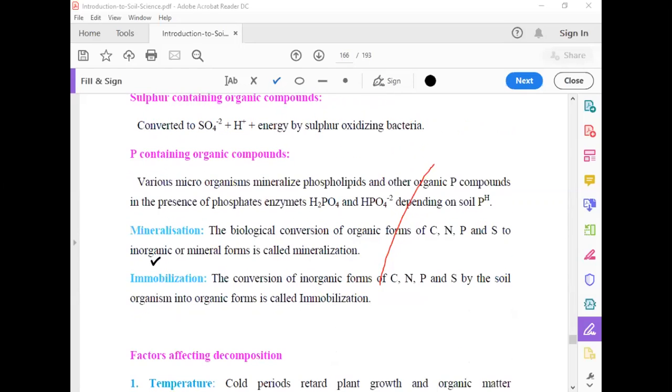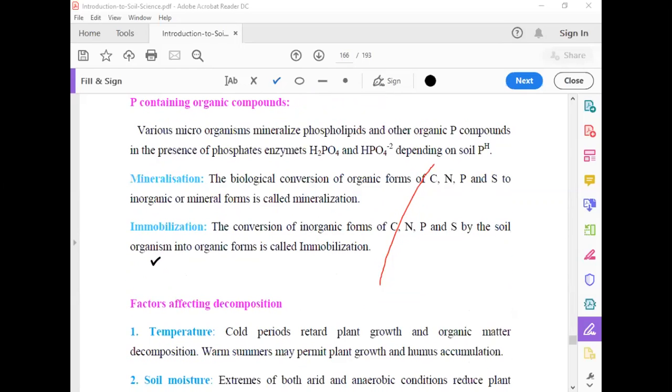Then mineralization. Biological conversion of organic forms of carbon, nitrogen, phosphorus, and sulfur to inorganic or mineral forms is called mineralization.